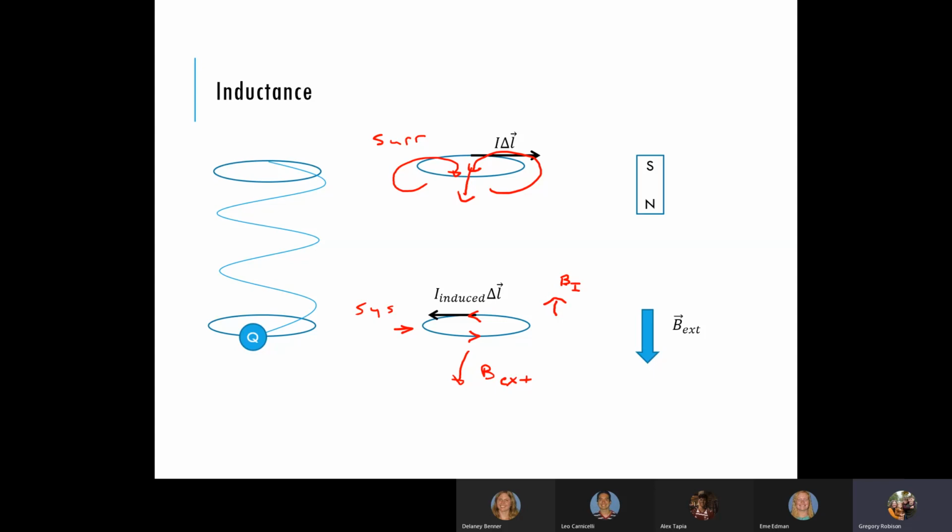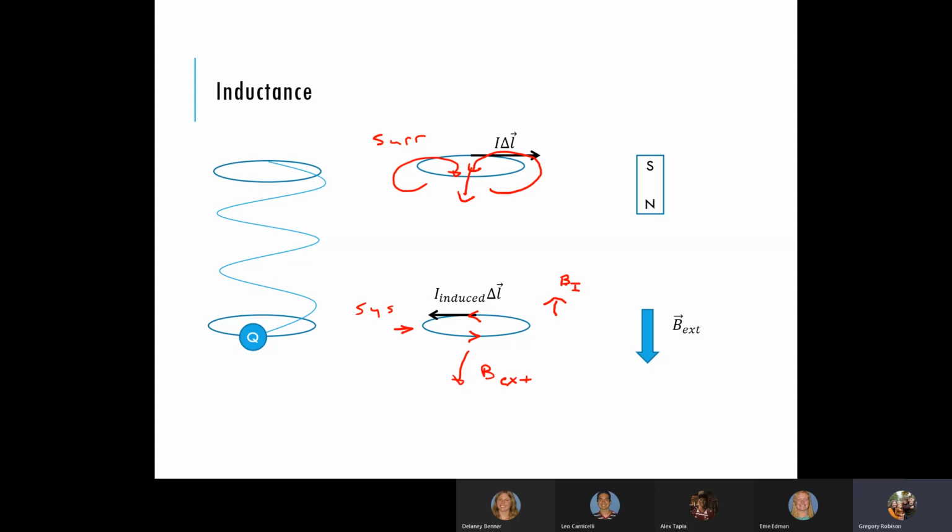Now remember, I'm modeling a solenoid. So there's actually a wire connecting the top loop to the bottom loop. Which means as I start running current through the solenoid, for a brief instant, say I have an uncharged solenoid, nothing running through it, no current.